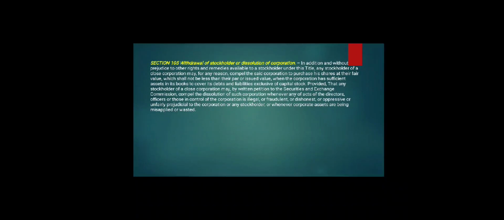Provided that any stockholder of a closed corporation may, by written petition to the Securities and Exchange Commission, compel the dissolution of such corporation whenever any of the acts of the directors, officers, or those in control of the corporation is illegal, or fraudulent, or dishonest, or oppressive or unfairly prejudicial to the corporation or any stockholder, or whenever corporate assets are being misapplied or wasted.